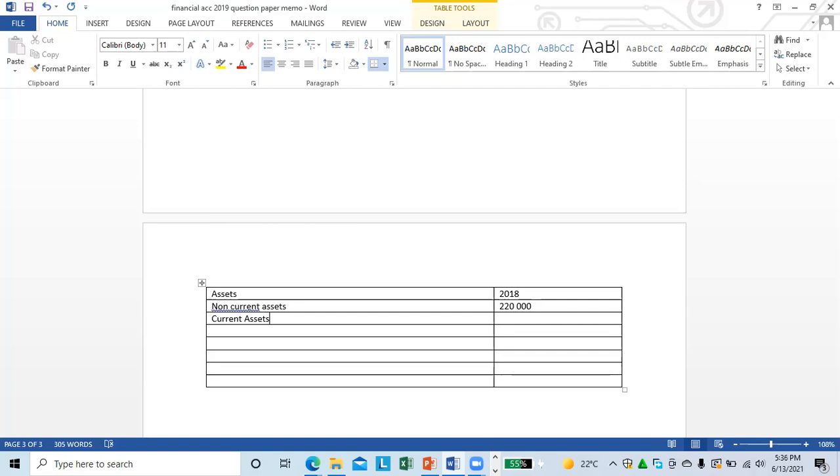You include 2017 if you are not instructed otherwise, because that is the requirement of drawing up the financial position of the close corporation. When you are not told not to include the comparison figures, then obviously you need to include them. But right now the question says we should not include the comparison figures. Okay, that's why we are only doing 2018.